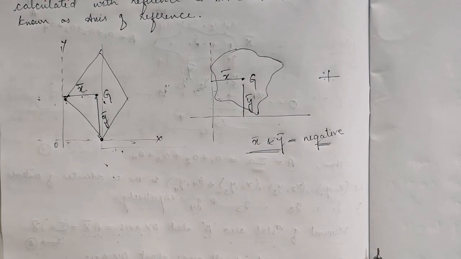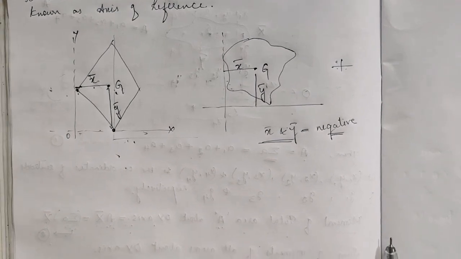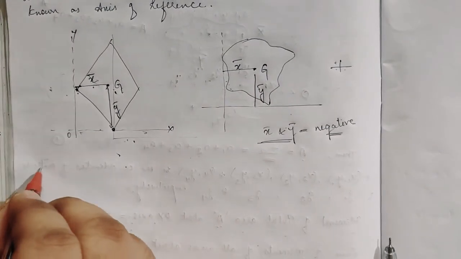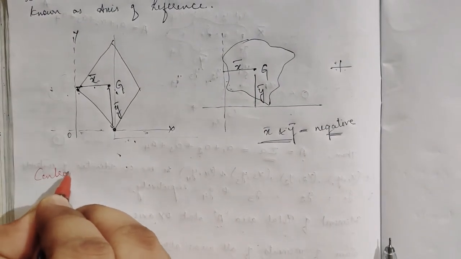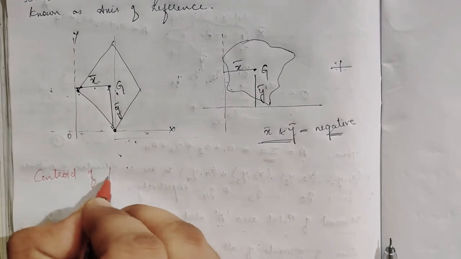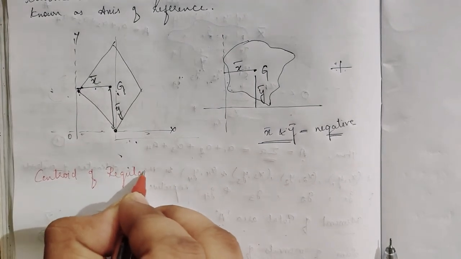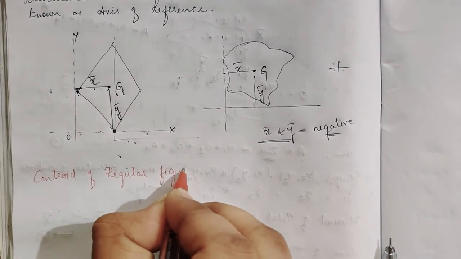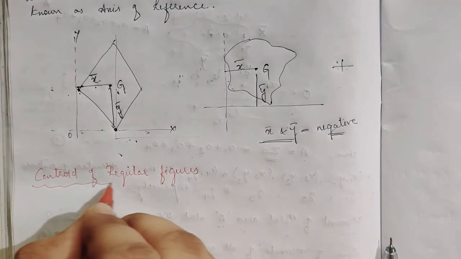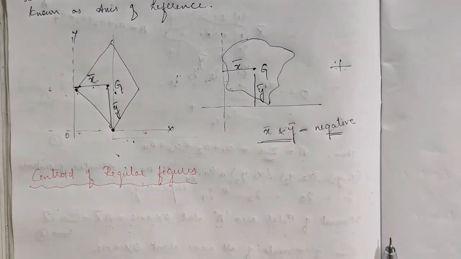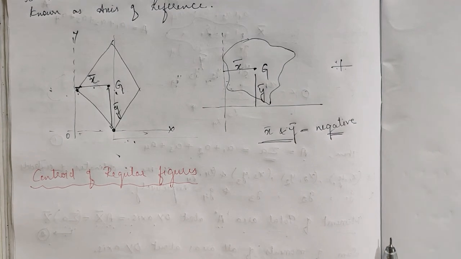Now we'll directly go to the centroid of regular figures. So the next topic is, we'll find the centroid of regular figures. This is known to you, but so far we have not mentioned or named it, but now you will know.